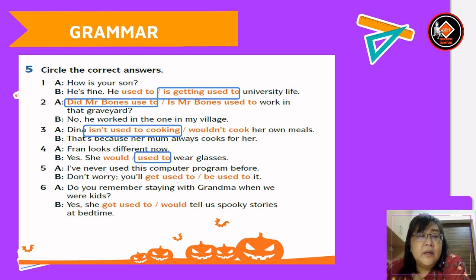Number 5, A, I've never used this computer program before. B, don't worry, you'll get used to it. Number 6, A, do you remember staying with Grandma when we were kids? B, yes. She would tell us spooky stories at bedtime.